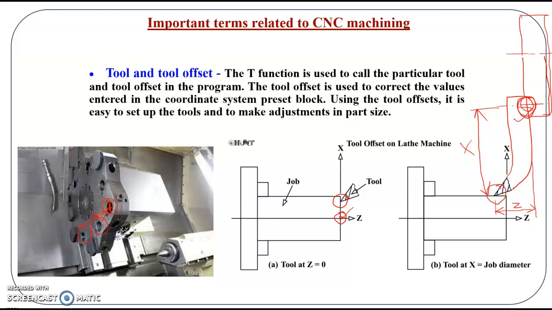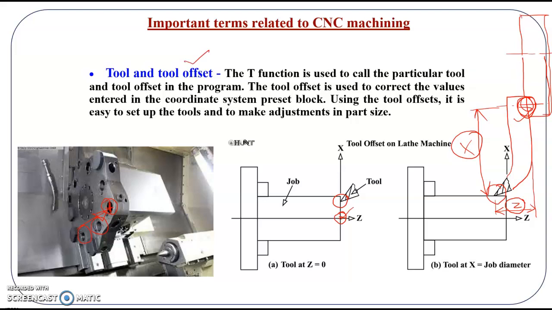So in order to determine the coordinates of this offset, that is the offset of the tool reference point to the tip of the tool, we need the corresponding x-axis and z-axis distances. So that has to be measured, and these distances are referred to as tool offset.